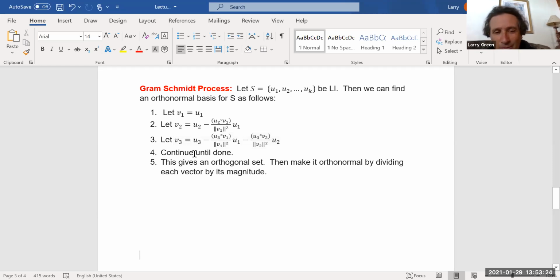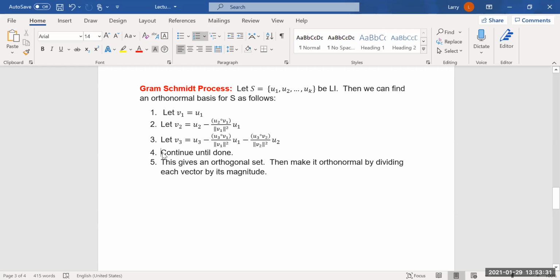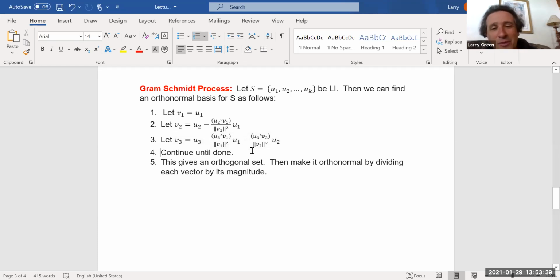Step 4, continue till you're done. What does continue mean? If you have a 4 component vector, do it one more time. You're going to have V4 is U4, minus a dot product over the magnitude times U1, minus a dot product over the magnitude times U2, and minus a dot product over the magnitude times U3. And if there's another one, you just do it again. Does that make sense? So that'll give you your list of V1, V2, V3, all the way to Vk.